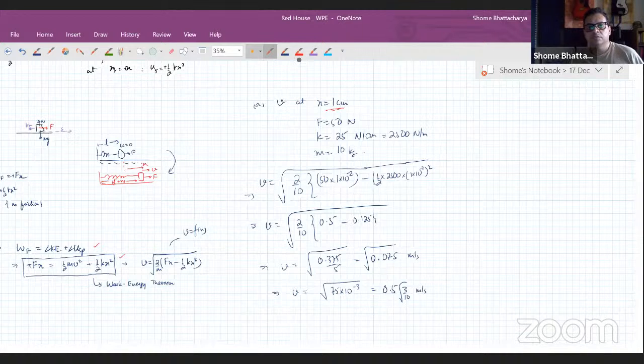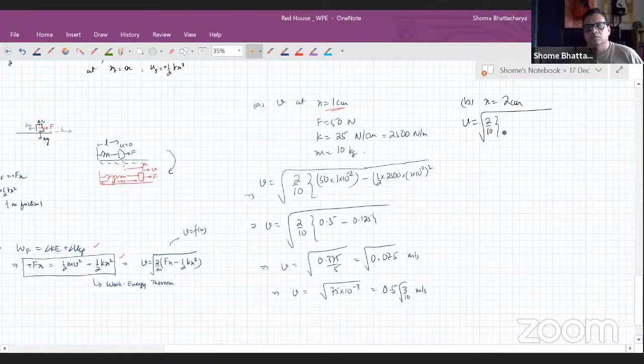Now similarly, when we substitute x equal to 2 centimeters, we'll get the value of v like this.